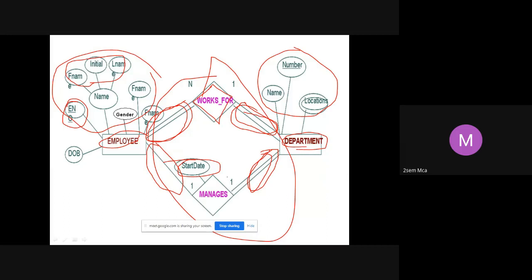Relationships can also have attributes. So the manages relationship has an attribute called start date. That means from which day I started working as a manager, from which day I took over as HOD. So let us say like that. So that is your start date. So there can be more than one relationship between two different entities.